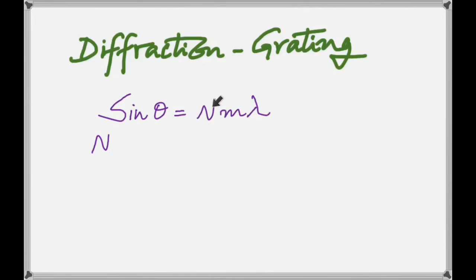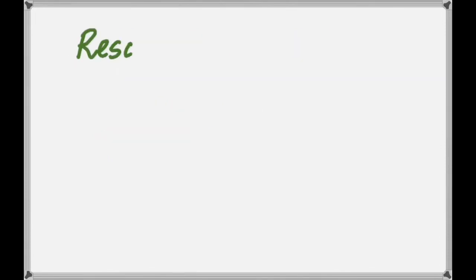Yeah, that's the number of slits in 1 meter, and it's given by 1 by d, where little d is the width of one slit, which is incredibly small. That's the grating law.